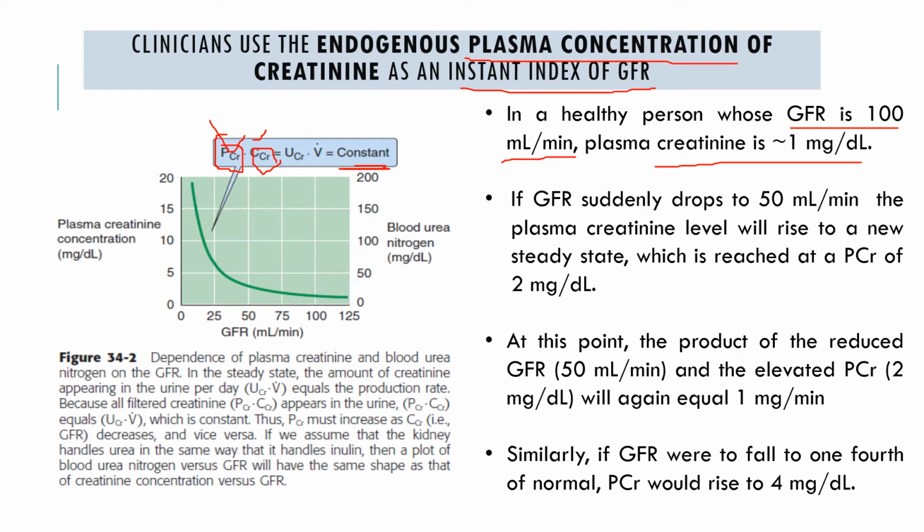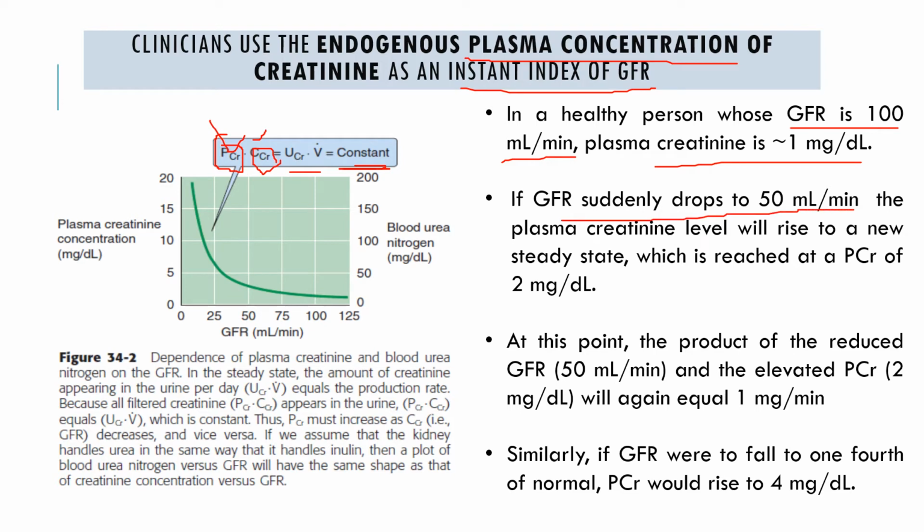So we get a value of 1 milligram per minute, that is the rate of excretion of creatinine, and this is constant.